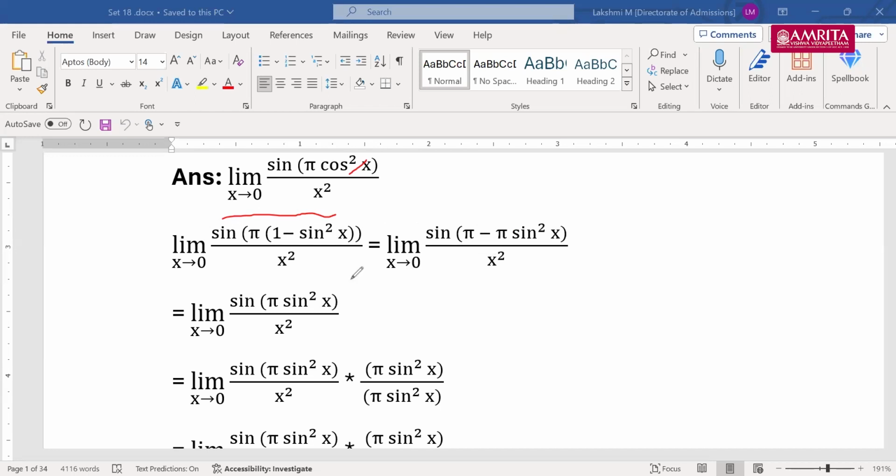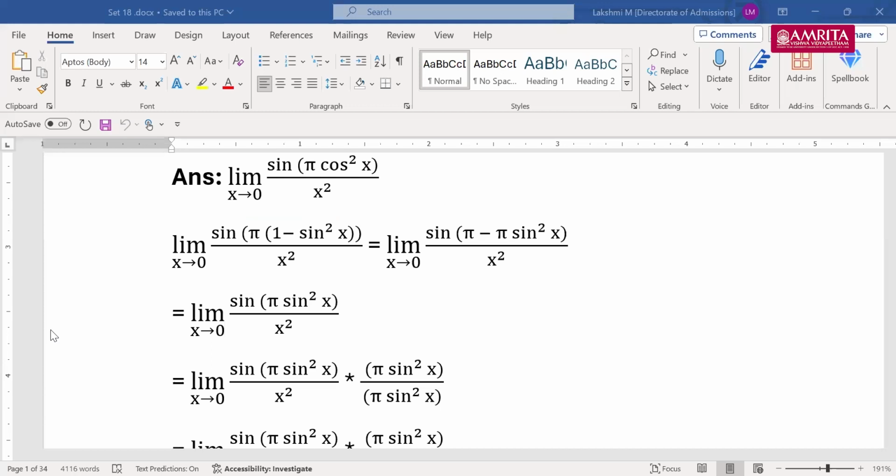I want to change the limit to sine of pi sine square x, and here I have to have a sine square x. So I'm just going to multiply and divide it by pi sine square x. So I got sine of pi sine square x by pi sine square x, and here it will be sine square x by x square.